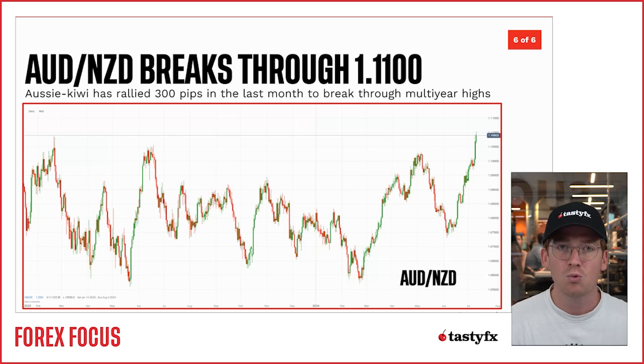But really big run the last month on some of that Aussie strength that I alluded to, but also New Zealand Central Bank came out a little bit dovish recently. I don't think they've started to cut rates yet, but they are looking at that a little bit more aggressively than Australia's central bank, thus the weakness in Kiwi relative to that strong Aussie that you're seeing.